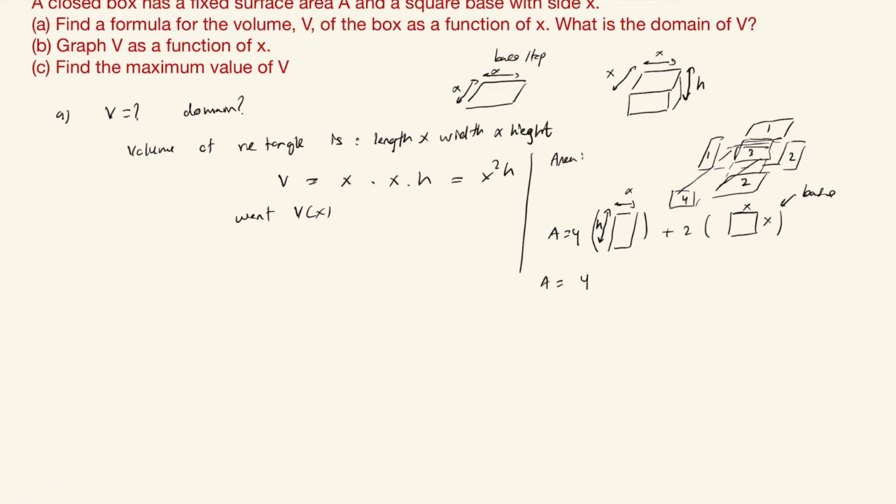Now A can be written as 4xh plus 2x squared. Now we want to solve for h. Therefore, I'm going to move 2x squared to the other side, and then I'm going to divide by 4x, which is what is in front of h.